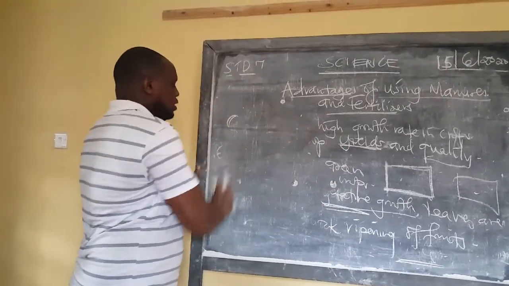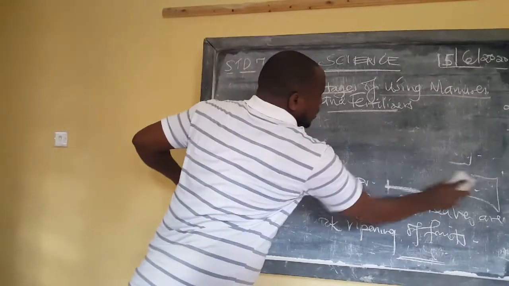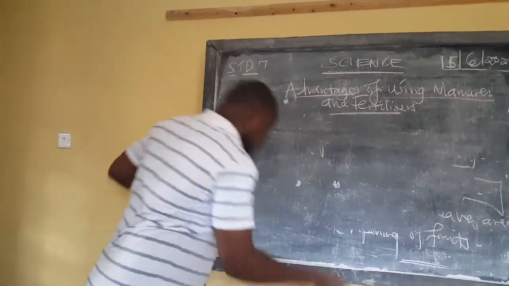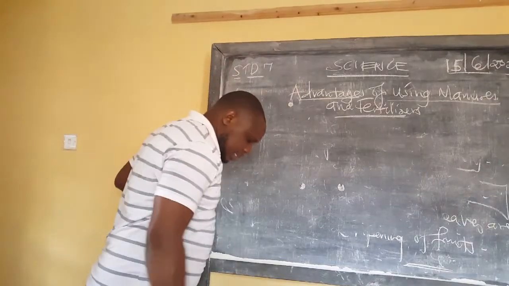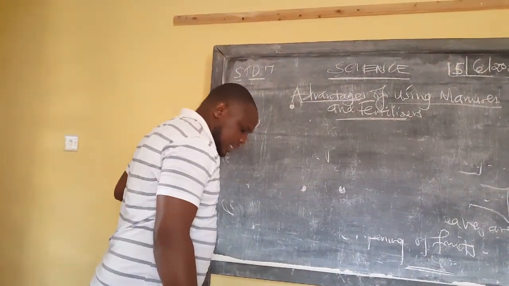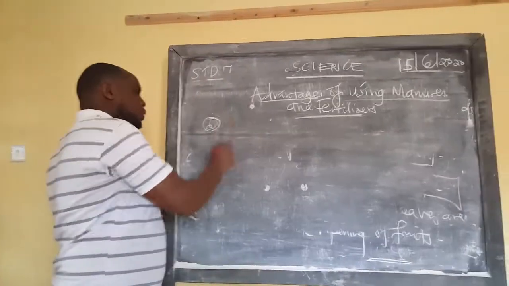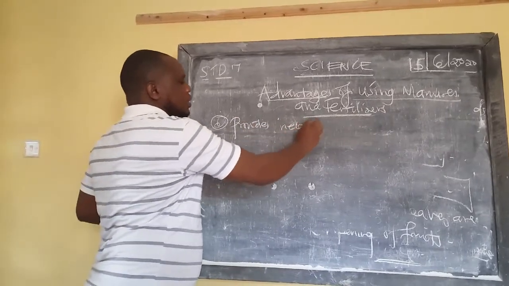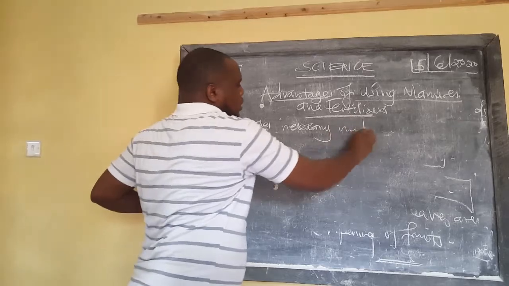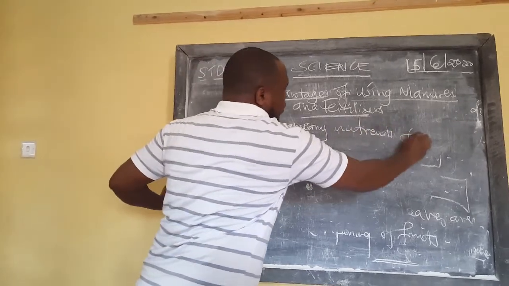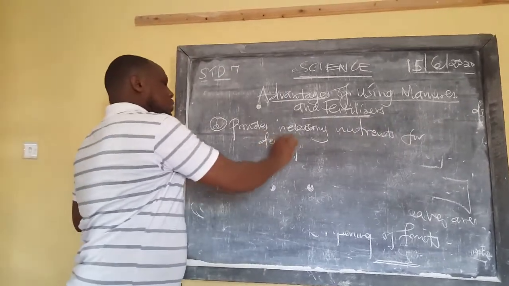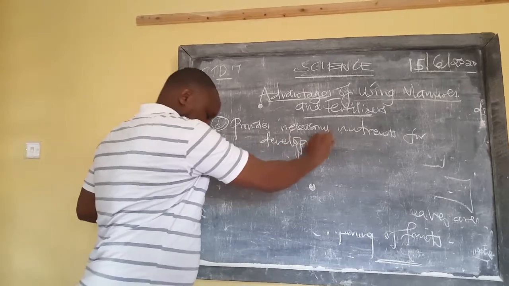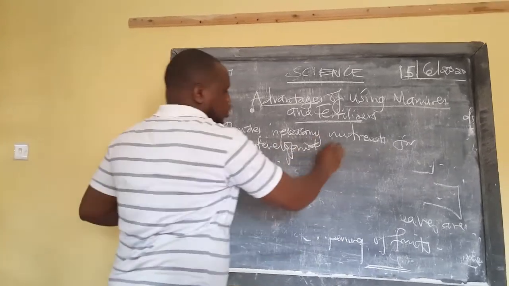Then we go to number 6. Point number 6, provides the necessary nutrients for development and growth of crops.